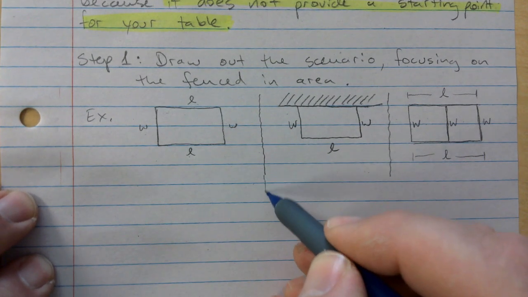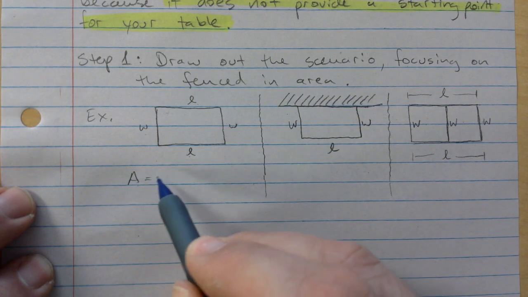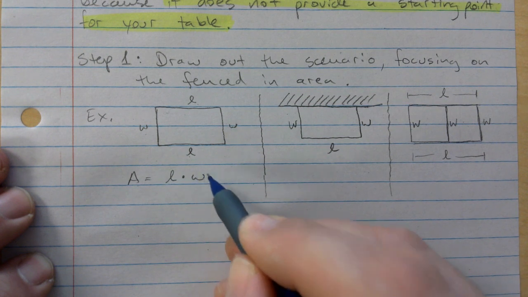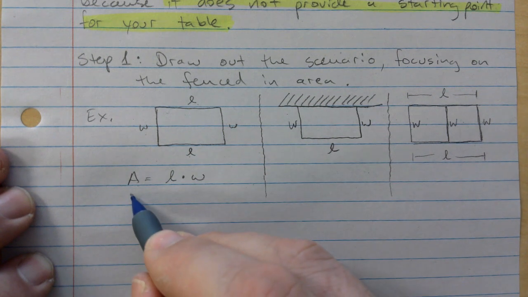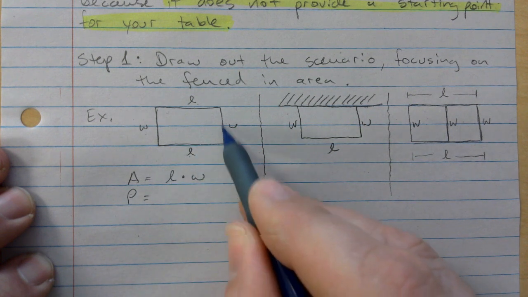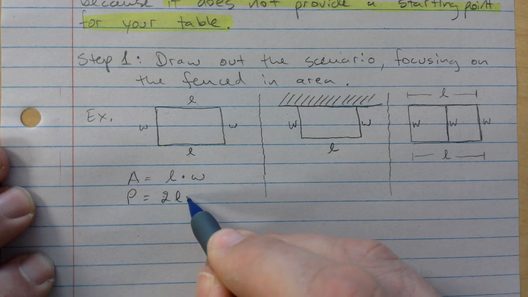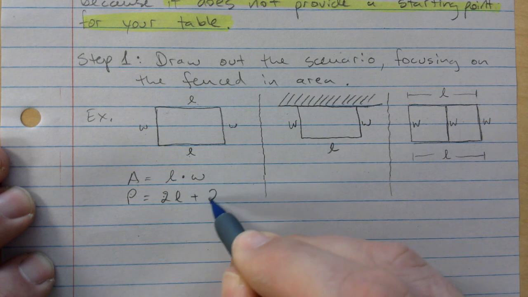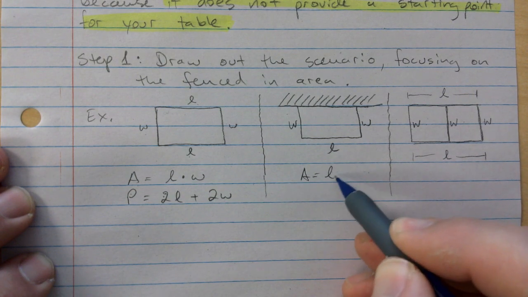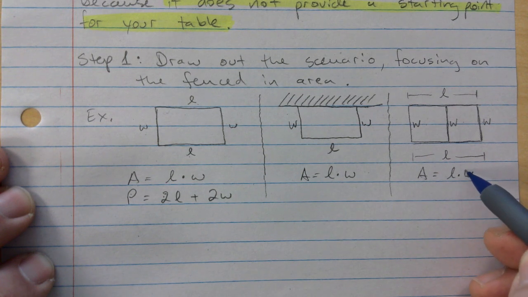And then for each one of these scenarios, the area is always found the exact same way. You would go length times width. However, the perimeter, the amount of fencing required, would be found by going 2 length plus 2 width. But the area remains the exact same, right? So keep that in mind.